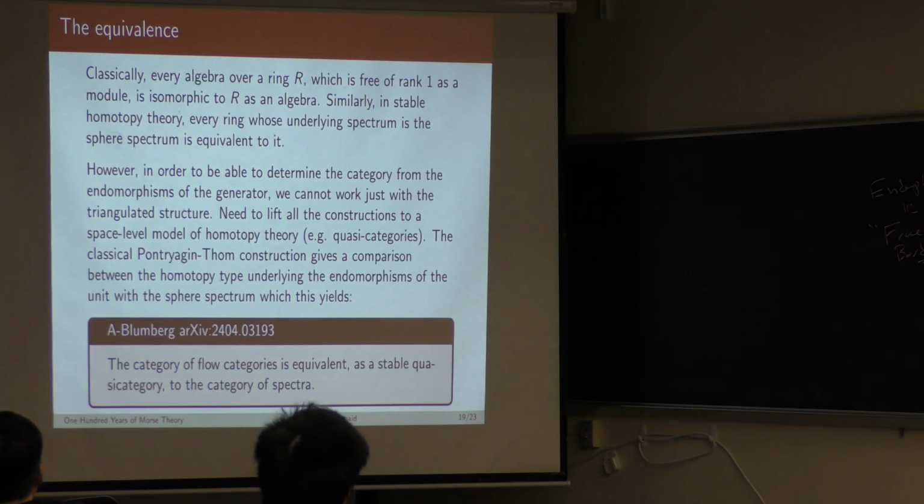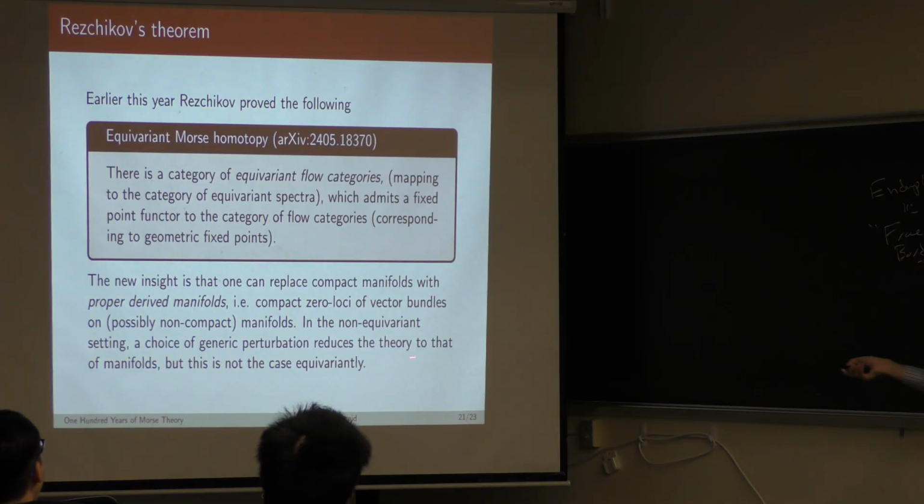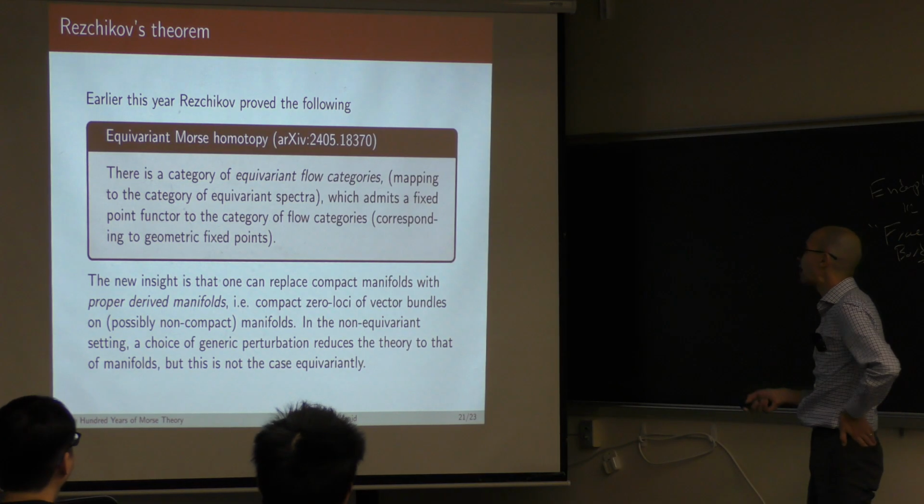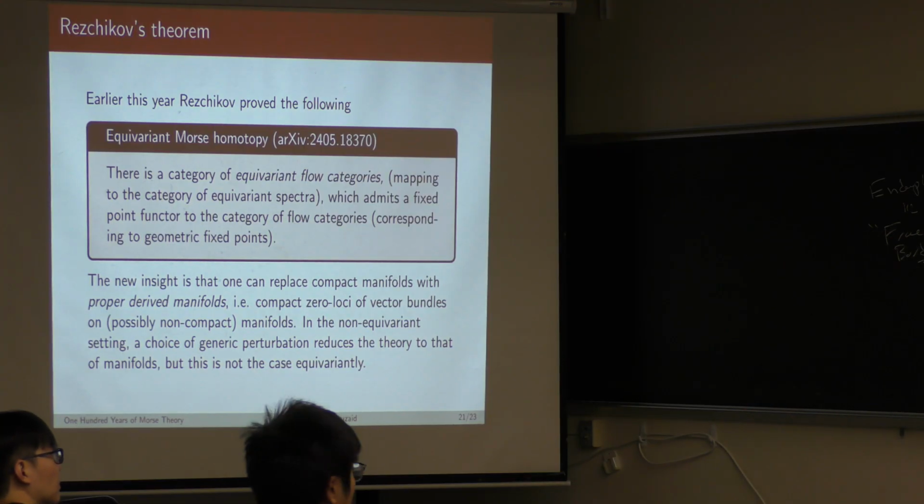That's this formalism of proper derived manifolds. So now we have some way of understanding the homotopy theory that we can extract out of Morse theory, not just in the standard setting, but also in the equivariant setting.